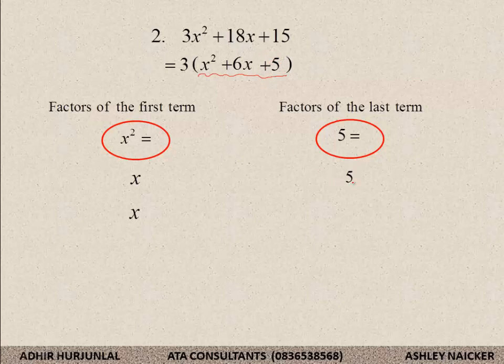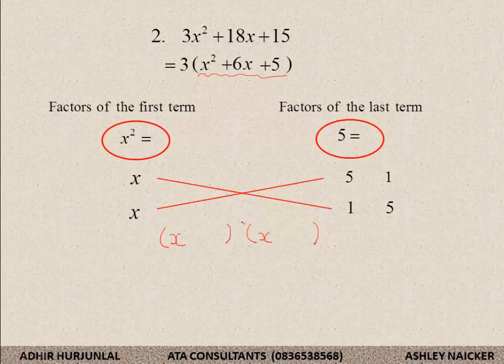The factors of 5 would be 5 multiplied by 1, or 1 multiplied by 5, which means now I use my cross technique and I start using this so-called trial and error method, which means I put down 2 brackets. I know the factors of x squared is x multiplied by x.